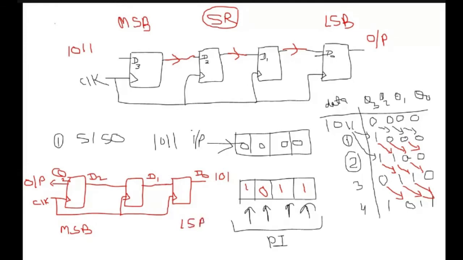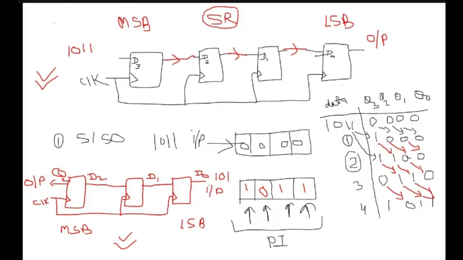So in both the examples, the first one is representing a SISO configuration where we are performing the shift right operation, and the second one is also performing the SISO operation, serial input, serial output, but here it is performing the shift left operation.